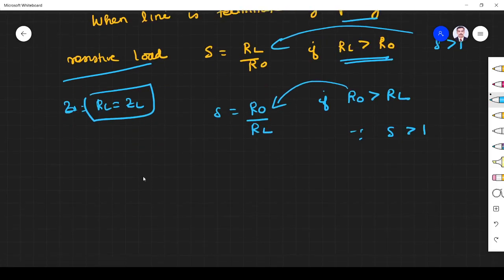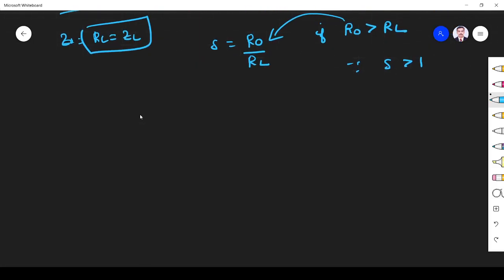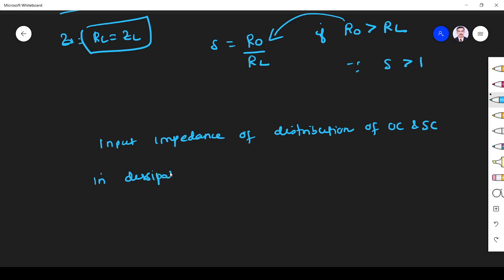Then we will see the input impedance distribution of open circuit and short circuit lines in a dissipationless line.